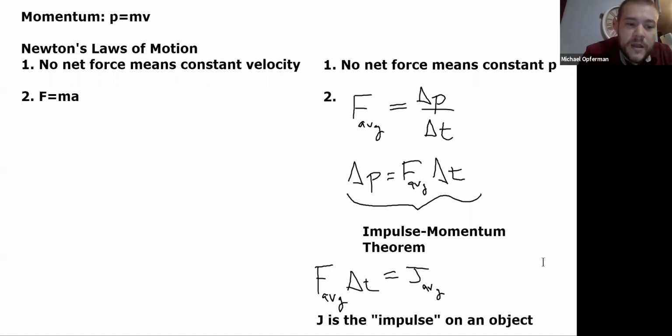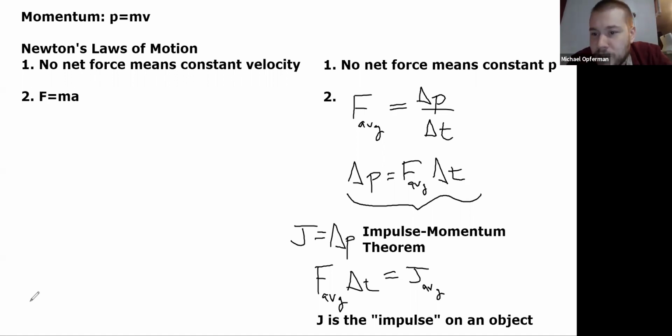Sometimes people will write the impulse momentum theorem as J equals delta P, done. And physicists like these really short, compact equations. But this is really where the action is. That's really what it means. It's just Newton's second law reinterpreted in terms of momentum and this other quantity called impulse.